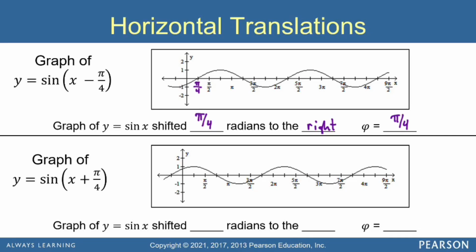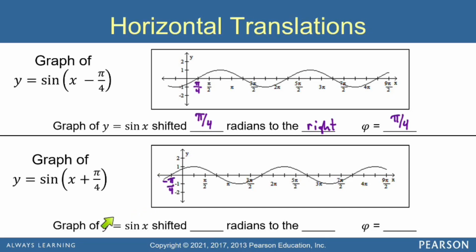Now on the other hand, here is the graph of y equals the sine of parentheses x plus pi over 4. Okay, now look at this graph, and you can see that the middle, high, middle, low, middle pattern begins to the left of the y-axis. And in fact, it starts at negative pi over 4.